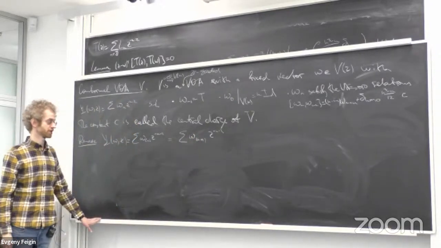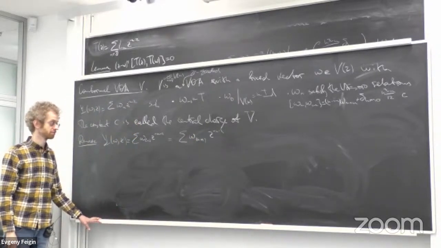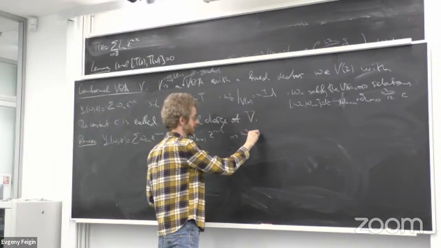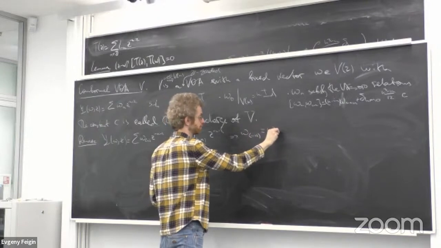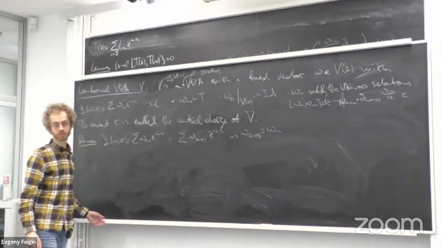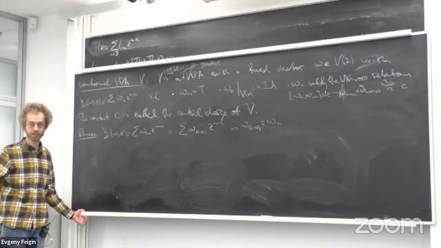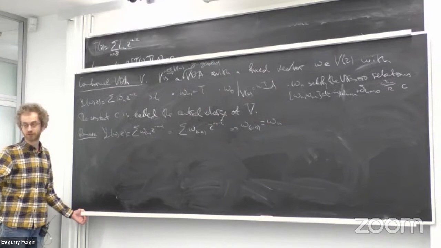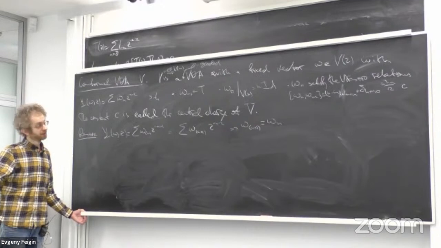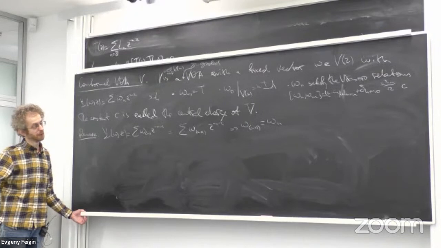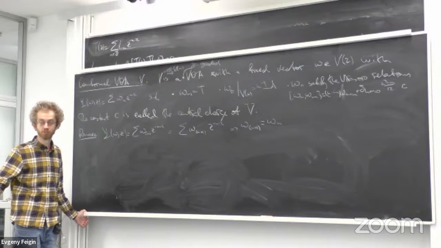I just shifted n by 1, and therefore omega n plus 1 in brackets equals omega n. This is the difference one should keep in mind: if you work with the Virasoro algebra, there is a shift in the indexing of the basis vectors, due to the fact that we are always working with the subalgebra starting with minus 1.